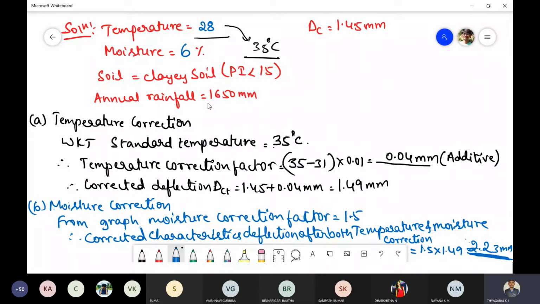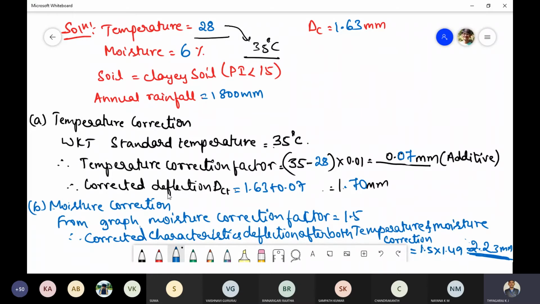Soil is clay soil, PI less than 15. Annual rainfall is 1800 mm. What is the characteristic deflection? 1.63 mm. Now calculate the correction: 35 minus 28. You'll get around 0.07 mm, which is additive in nature. So 1.63 plus 0.07 mm gives 1.70 mm.